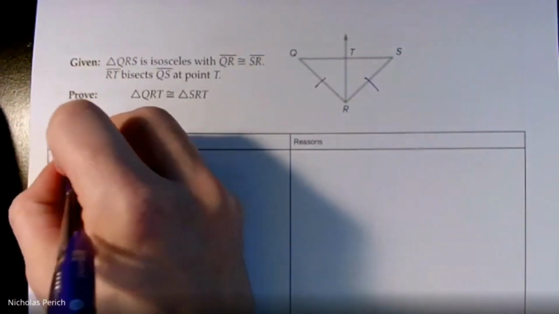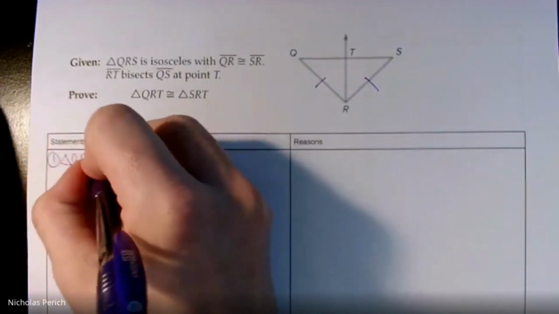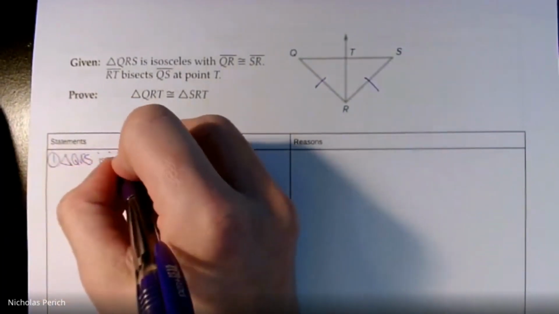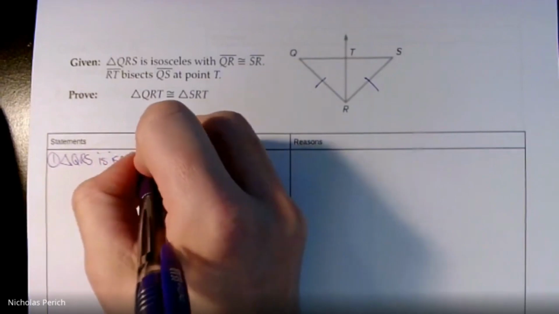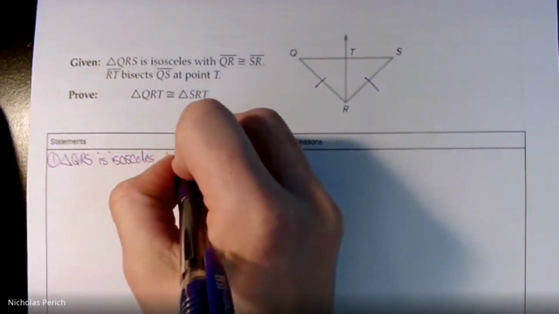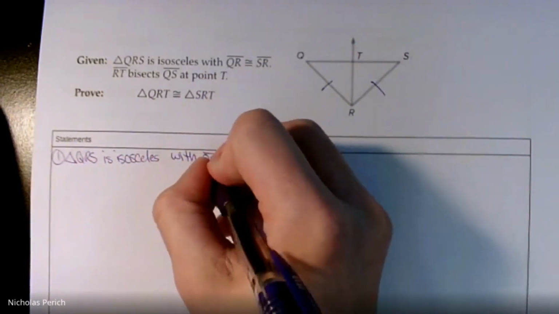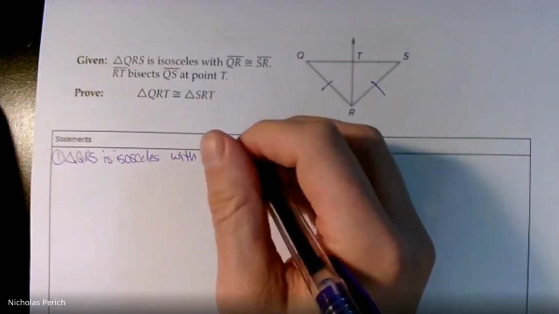Triangle QRS is isosceles with side QR being congruent to side SR.